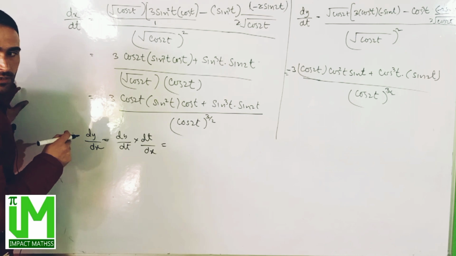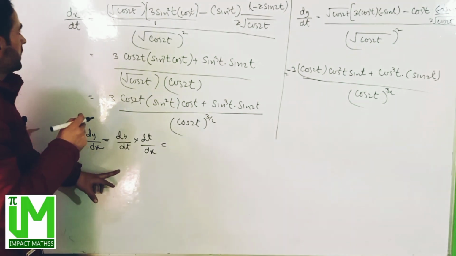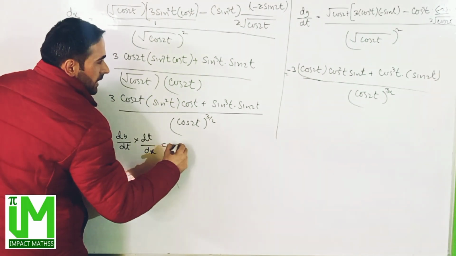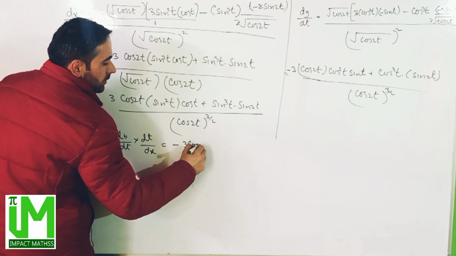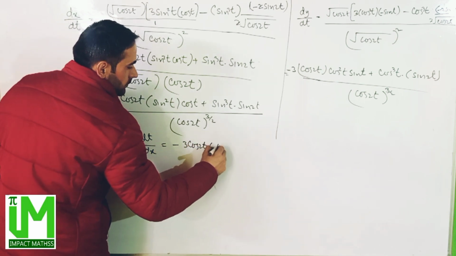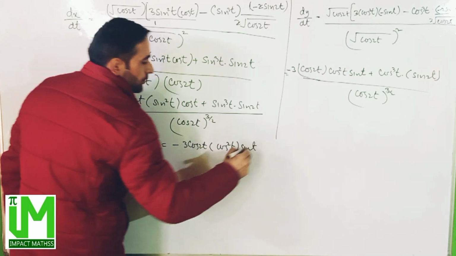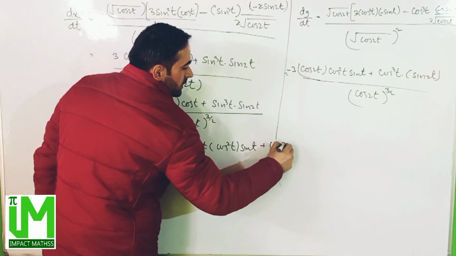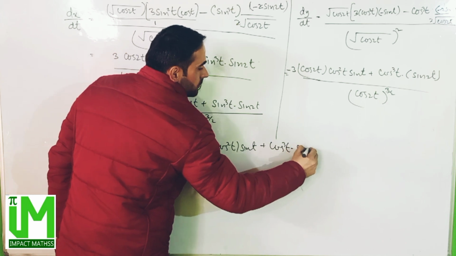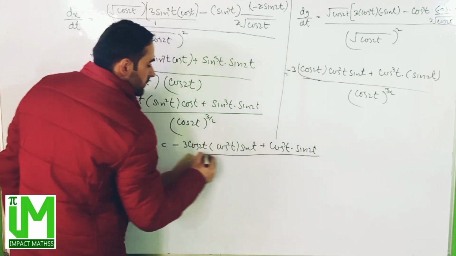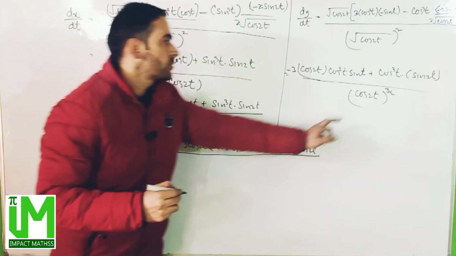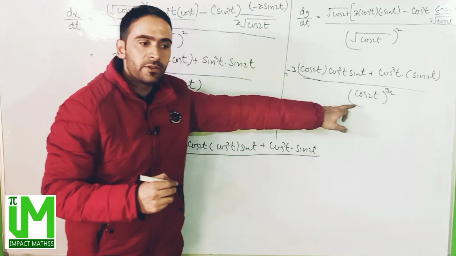So dy by dt is minus 3 cos of 2t cos square t into sin t plus cos cube t into sin of 2t, divided by cos of 2t raised to power 3 by 2.